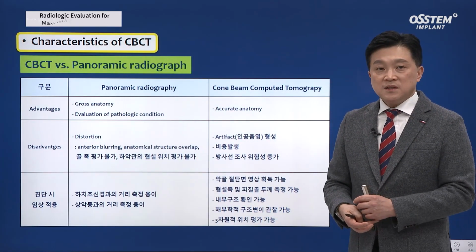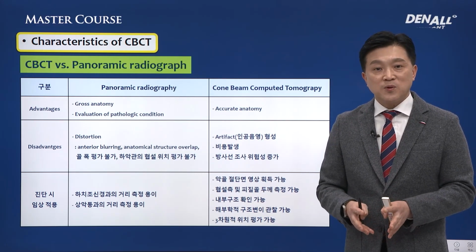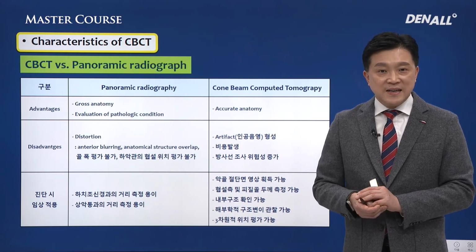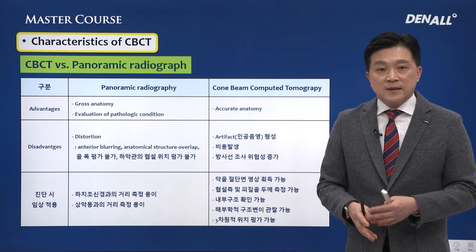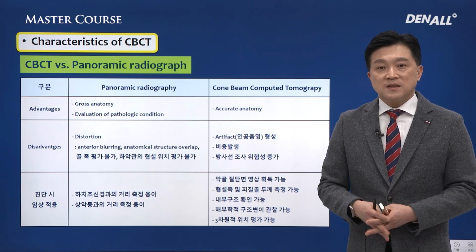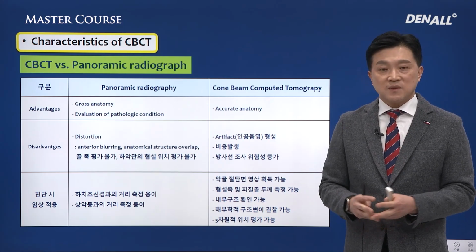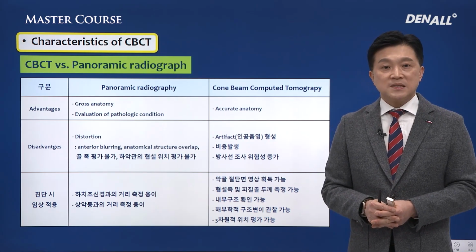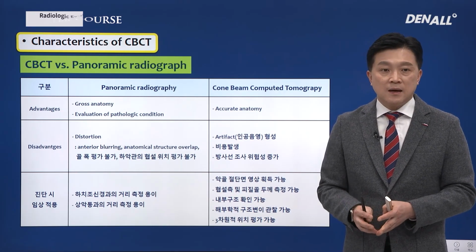There's cone beam CT and panoramic images. When we compare them, compare with panoramic images, CBCT have many advantages. However, there's disadvantages as well. If there's metal, there can be many artifacts. Also, compared with panoramic images, the cost is very expensive and radiation level is more.